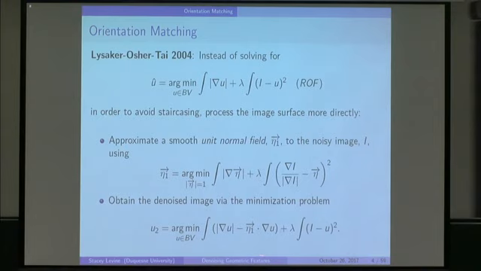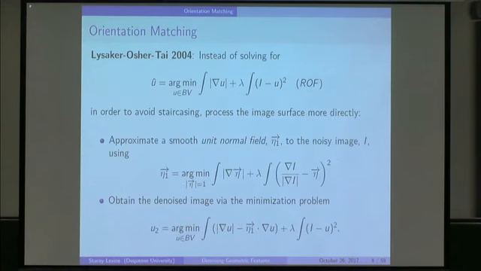And then use this information to reconstruct your image. The way they reconstruct is with some sort of orientation matching. This term forces the normalized gradient field of your solution to be parallel to the smooth unit normal vector field that you just computed, and we have our fidelity term to keep contrast.